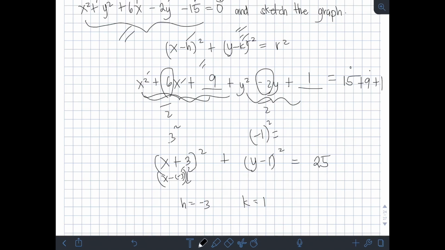For the radius, the right side is equal to r². So, r² is equal to 25. Taking the square root of both sides, r is equal to 5, because we can write it as 5². Okay? So, this is the center-radius form of our circle.